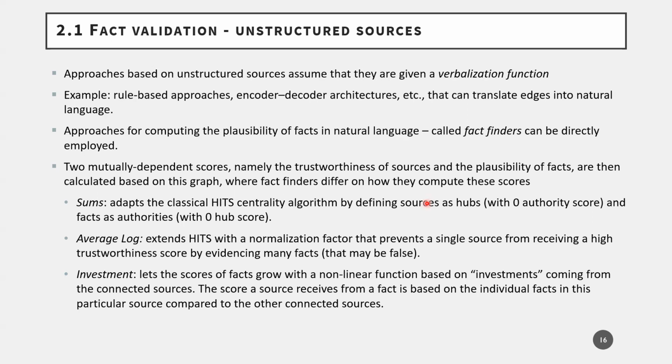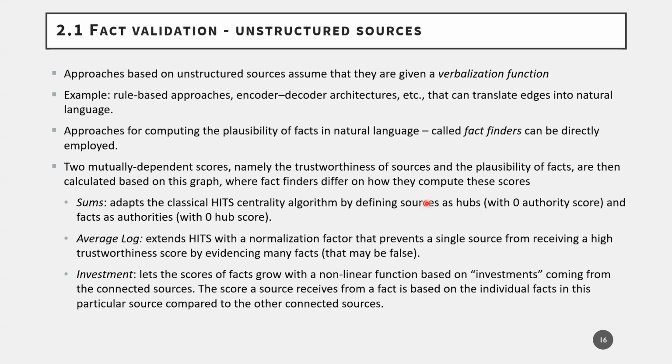There are Sums, Average-Log, and Investment. Sums adopts the classical centrality algorithm by defining the sources as hubs with 0 authority score and facts as authorities with 0 hub score.